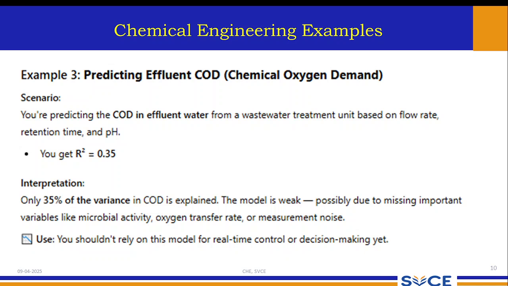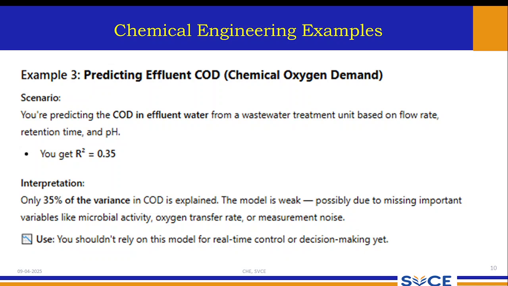This is possibly due to missing important parameters as independent variables, like microbial activity, oxygen transfer rate, or measurement noise. So the output is COD, that is the dependent variable, in effluent water. The factors which they have considered, the flow rate, retention time and pH, have some effect, but do not fully capture the model.